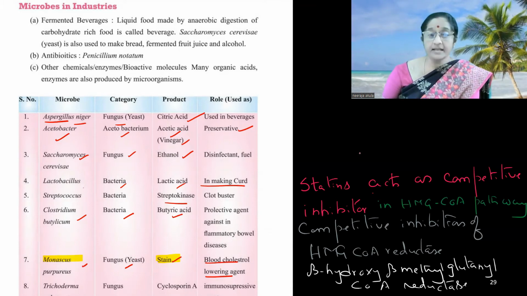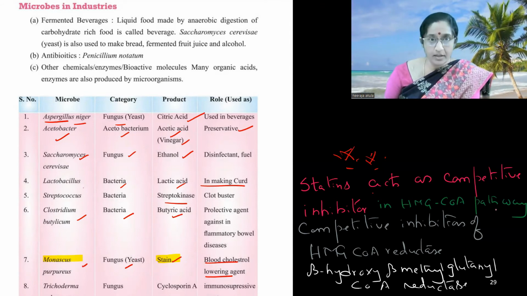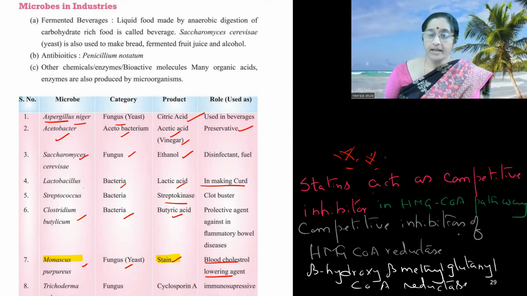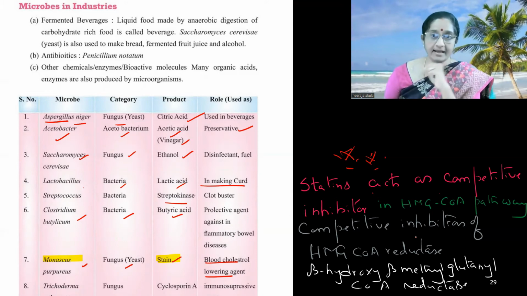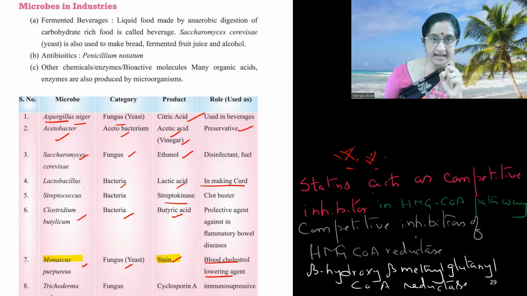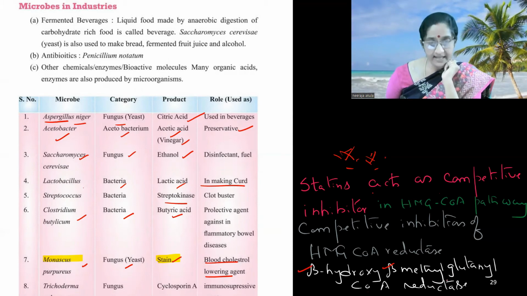Statins act as a competitive inhibitor in the HMG-CoA pathway, which is involved in the synthesis of cholesterol. Competitive inhibition is related to HMG-CoA reductase enzyme. Chances are there for us to get this particular area in terms of the mechanism, and it acts as a competitive inhibitor of beta hydroxy beta methyl glutaryl CoA reductase.